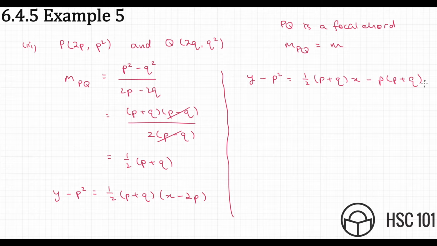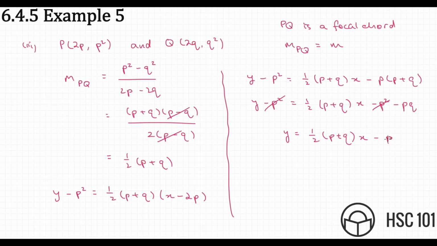Expanding the brackets, y minus p squared equals half (p plus q) x minus p squared minus pq. The minus p squared cancels from both sides, and we're left with y equals half (p plus q) x minus pq. This is the equation of the chord PQ.